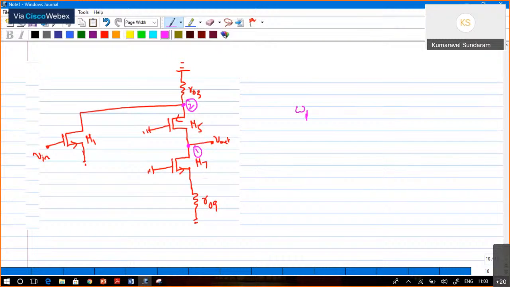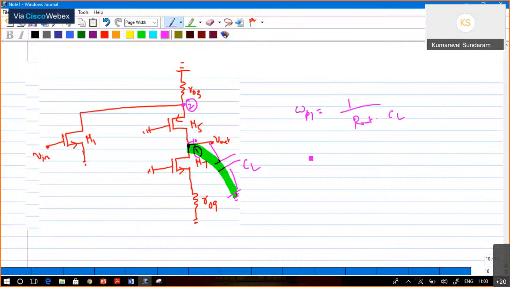So omega P1 we can write as 1 by R out into CL, if it is going to drive the load capacitance. This node is going to be dominant. That means once a particular frequency is reached, this will be shorted to ground. So this is going to be ground.